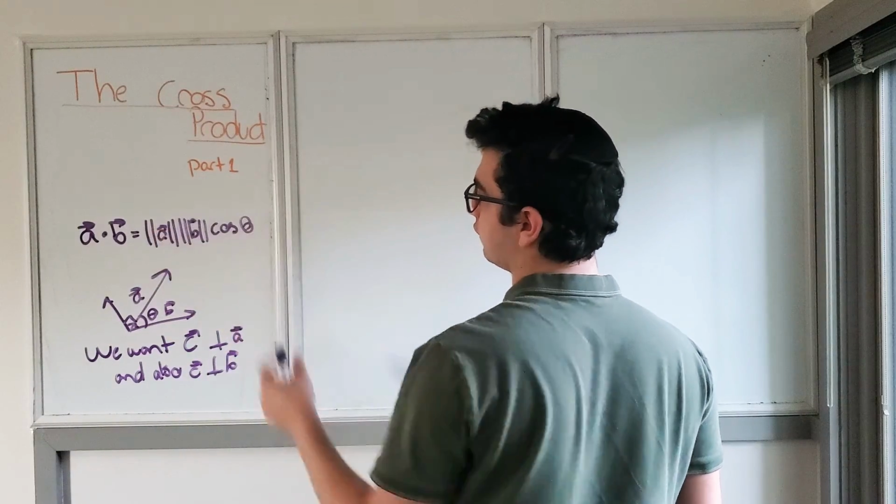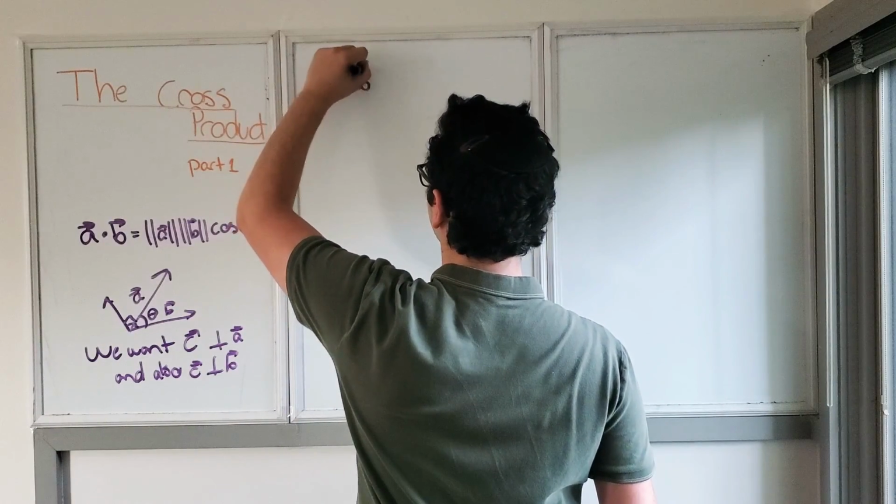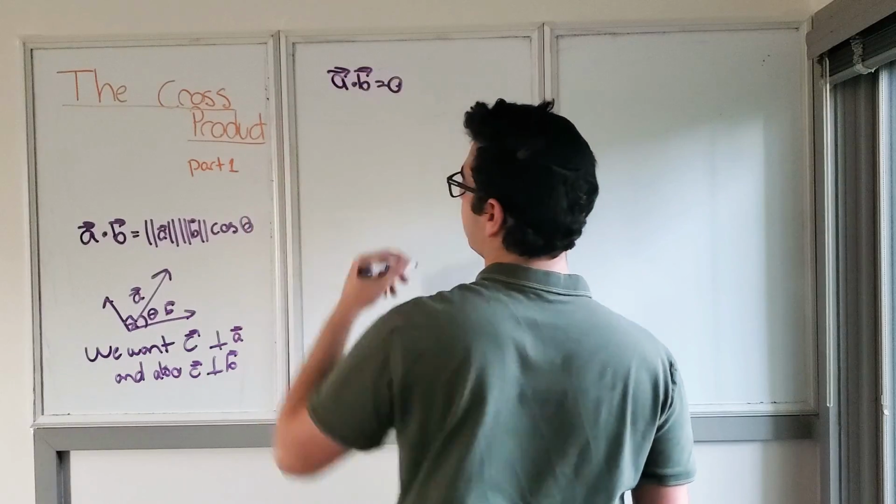So then this whole product over here would be 0. So that means that it happens when A dot B equals 0.